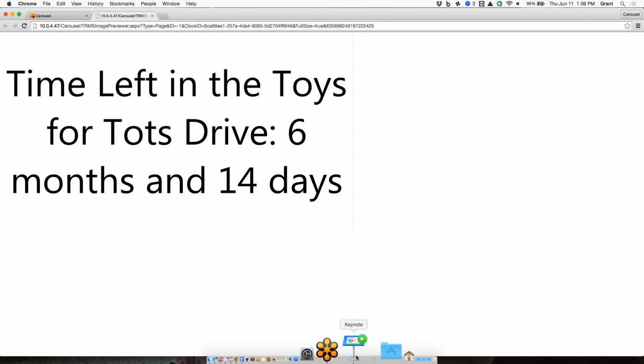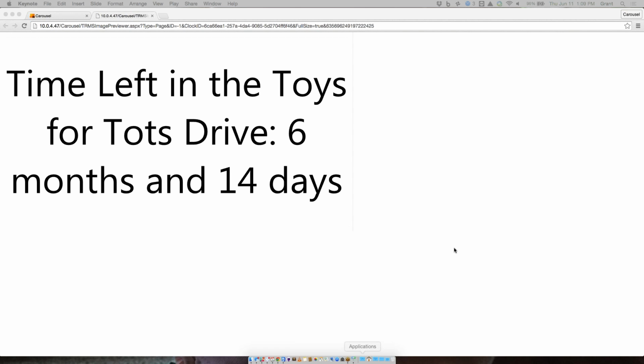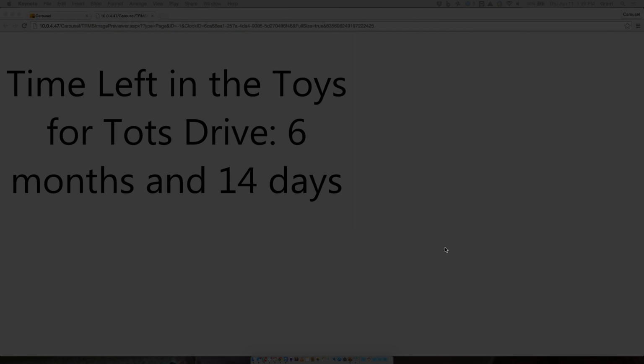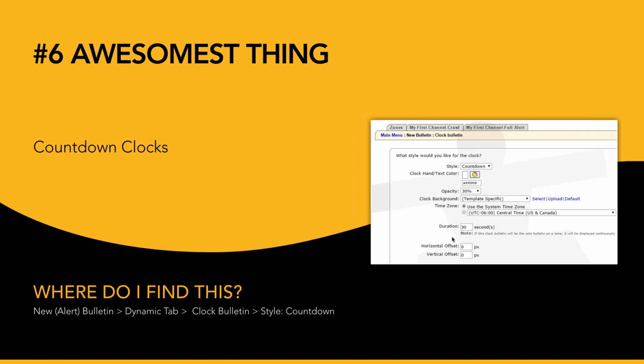You can even choose to have it display minutes and seconds when you start getting down to hours. Up until then, you're going to see months and days. Once you start getting down to the hours, you start seeing hours, minutes, and even seconds if you so choose. So again, that's in our new bulletin, the Dynamic tab. Within that clock bulletin, we just need to choose the style of countdown. And then we can see that countdown type bulletin.